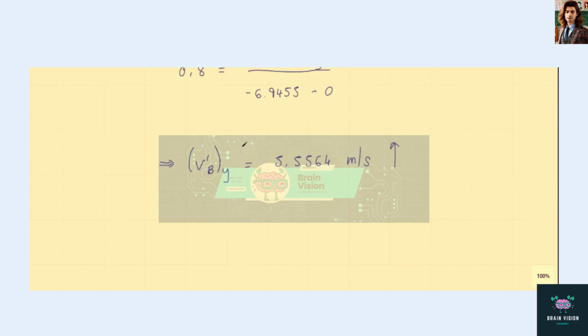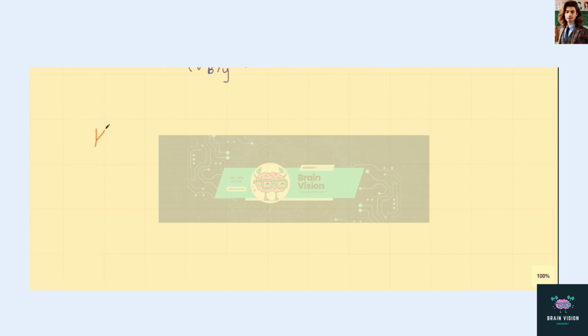So now we have the y component of the velocity of the ball after it rebounds off the ground, and we can go back to kinematics and find the maximum height h that the ball will attain. Again, we'll consider the vertical motion, and we'll take the upward direction as positive. And remember that at the maximum height h, vCy is equal to 0.